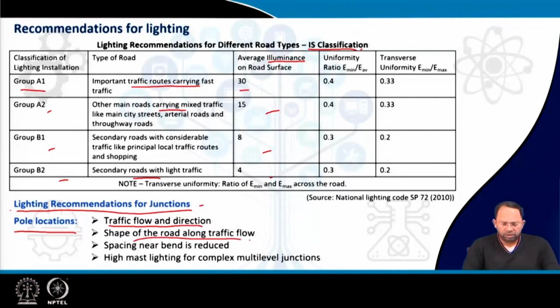Considering the shape of the road along traffic flows, the spacing between the poles in bends is reduced. Then there is high mast lighting for complex multi-level junctions. So these are the different considerations of which alternative is better, which not only improves the lighting level but also visual clarity and guidance to the pedestrians, guidance to the vehicle users, and so on.